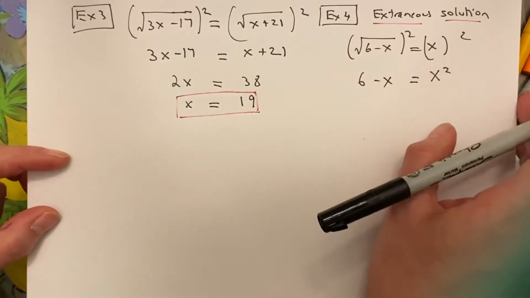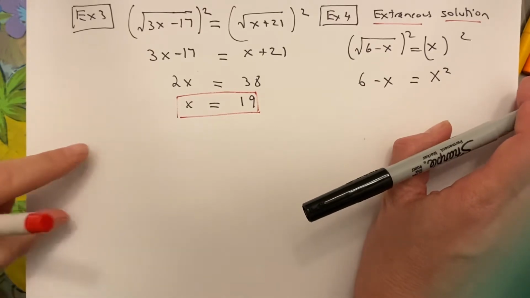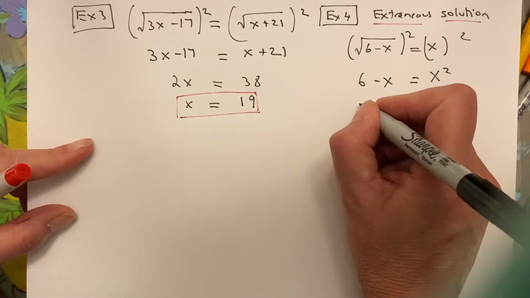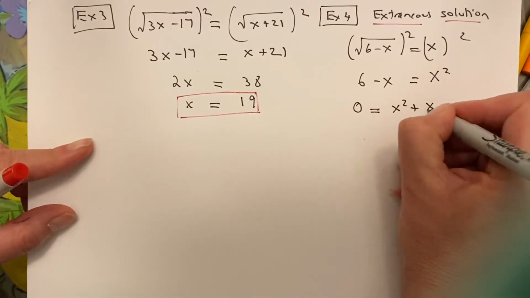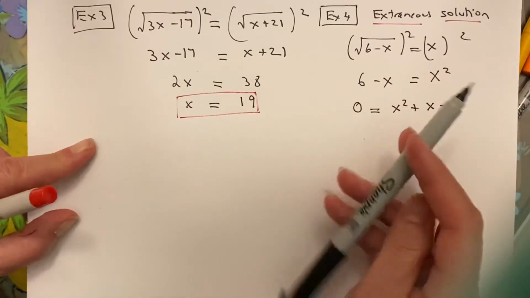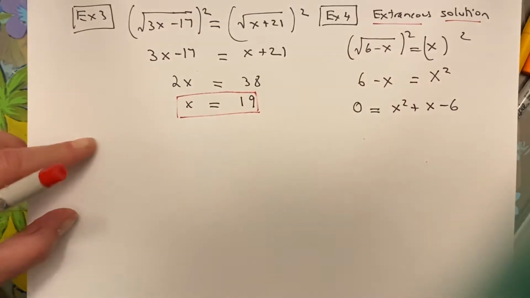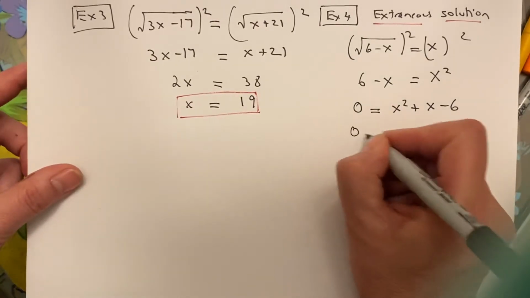I hope you remember all your factoring skills and completing the square, because we could still use them here. So we're going to set this equal to 0, and 0 equals x squared plus x minus 6, because I've added x to this side and then subtracted 6. We're very fortunate in that this one is particularly easy to factor.